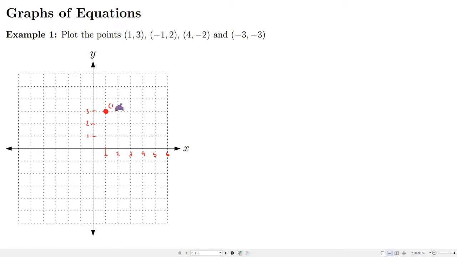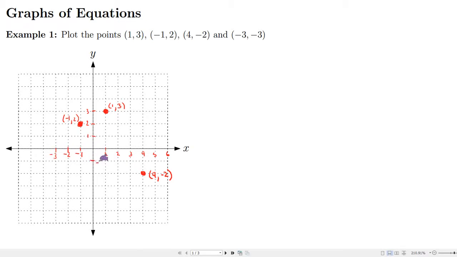So that's 1, 3. And negative 1, 2, so now we're going to have to go in the negative direction of x. We would still increment these by 1, but in the negatives. So negative 1, positive 2, that would be the location for this point here. Then 4, negative 2, down here, and then negative 3, negative 3.